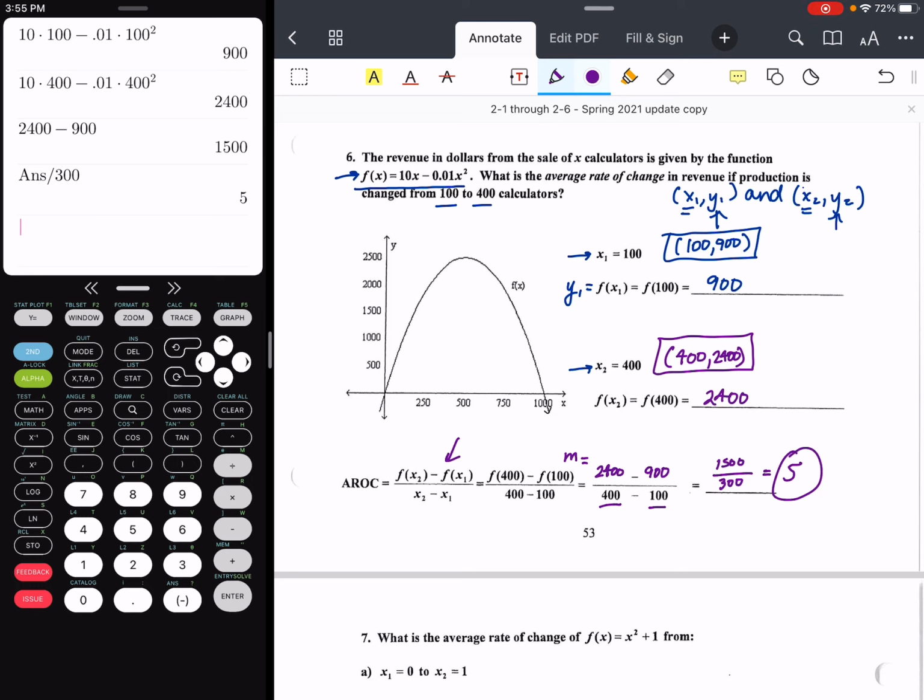And again, what this represents is the slope of the secant line connecting those 2 points on this downward facing parabola. So if we go to x equals 400, maybe right here, 400, 2400 will be about here. And our first point, 100 and 900.